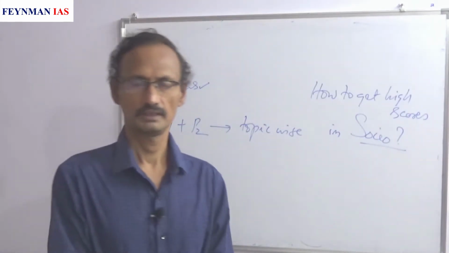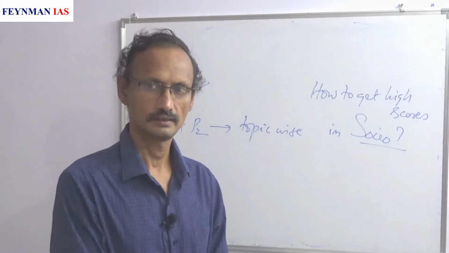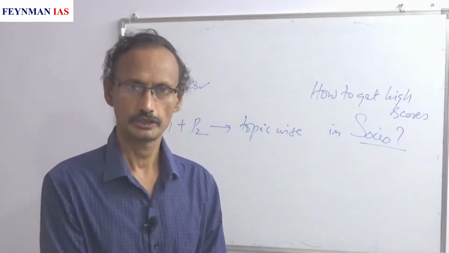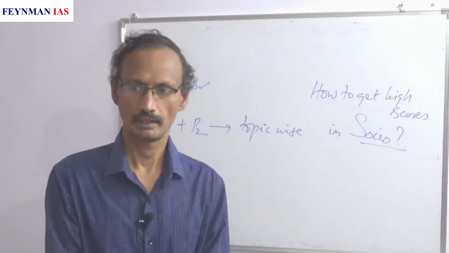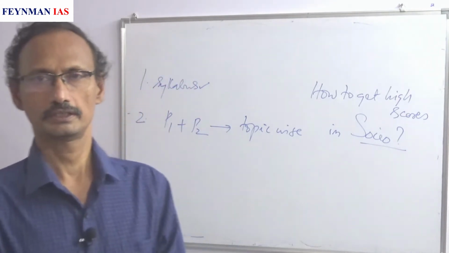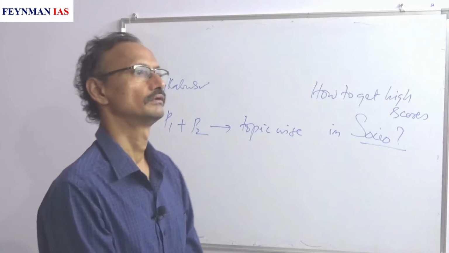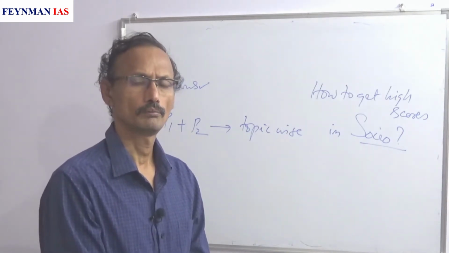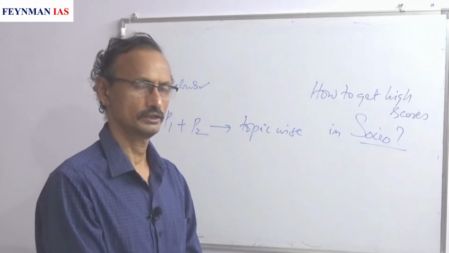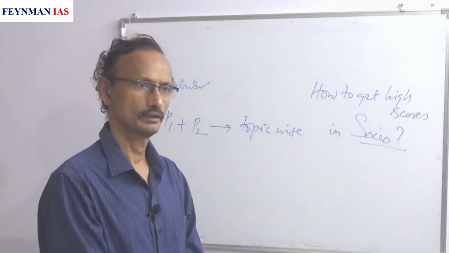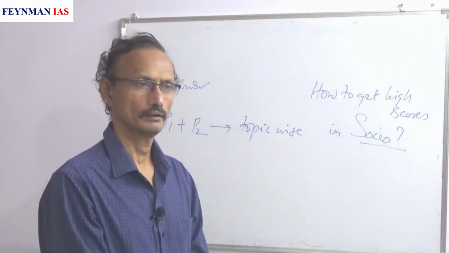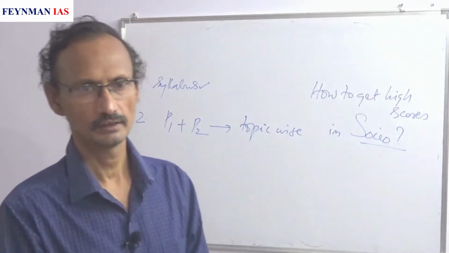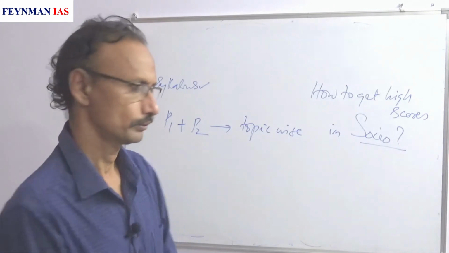Stratification is caste and class with India as an example. Education is there in paper 1, but Indian education is important. So many aspects are theoretically mentioned in paper 1, and those aspects are sought to be studied in the context of India, and they are given in paper 2.